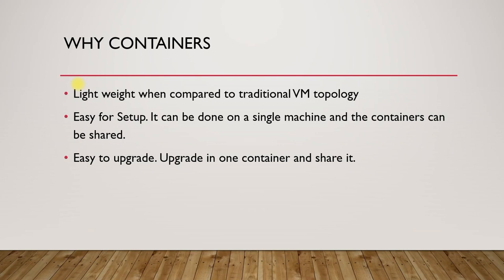We don't need unnecessary things in a container. The bare minimum requirements will be present in the container to run your applications. In that way, you save a lot of resources like computing, hardware and software. It will be optimized, and these are licensed.